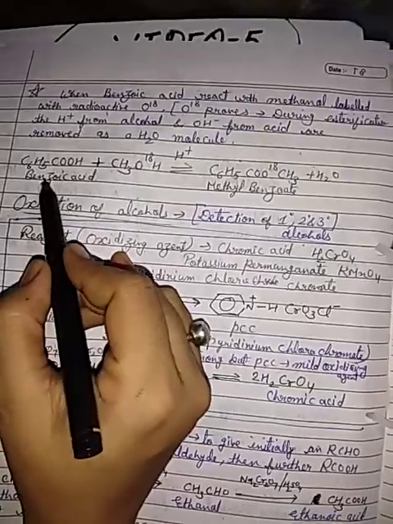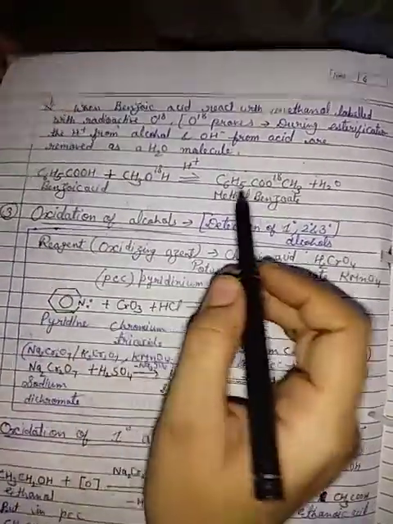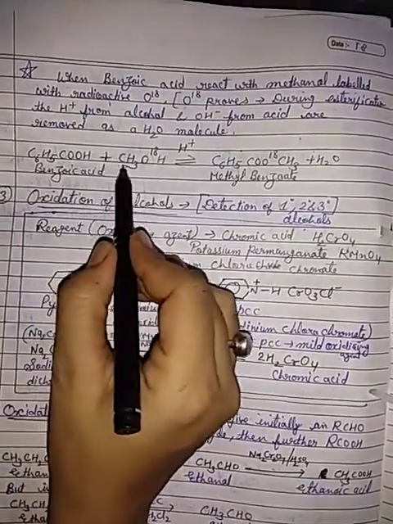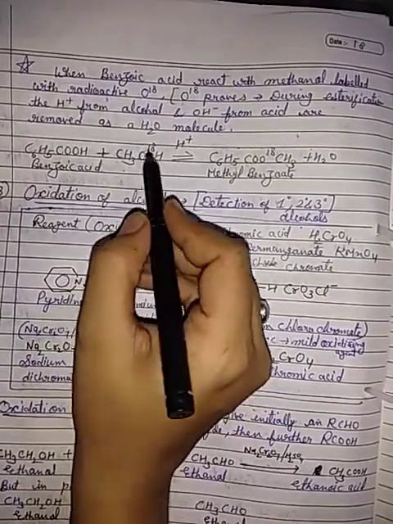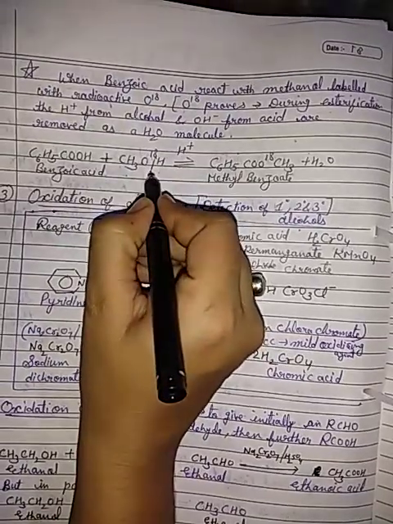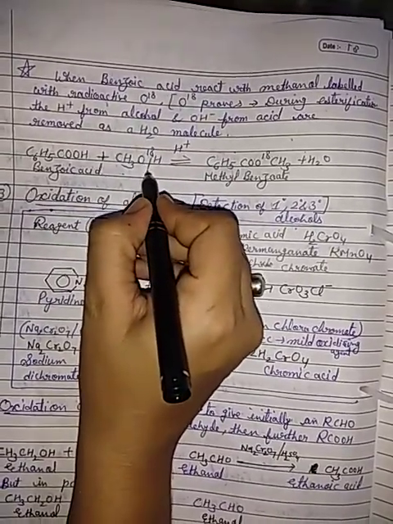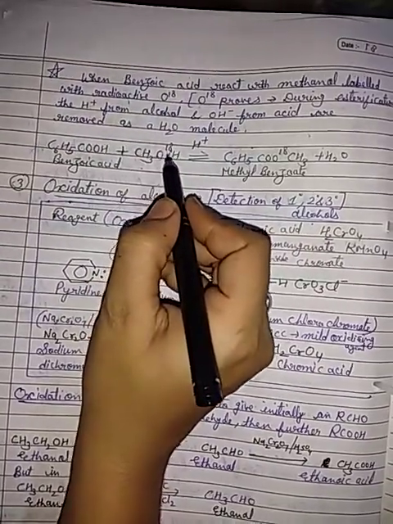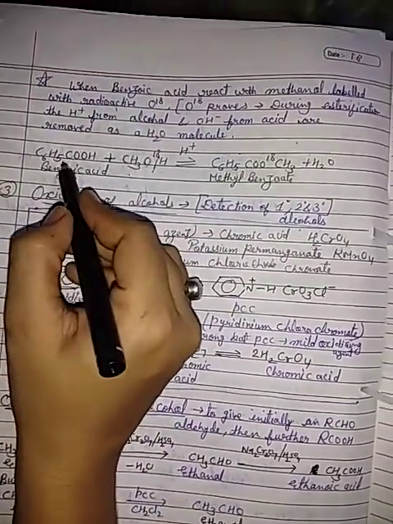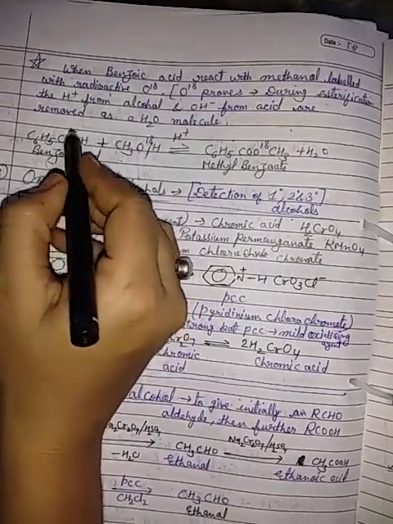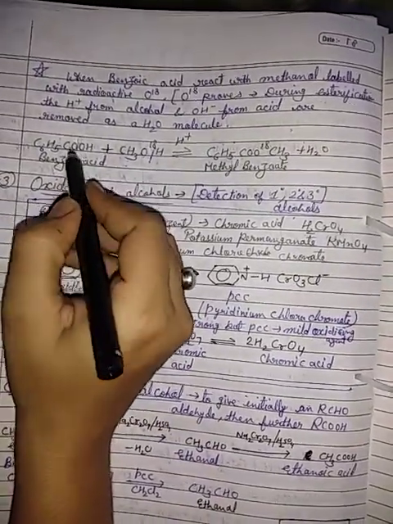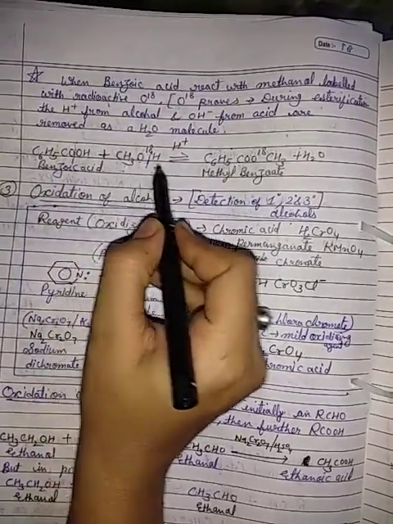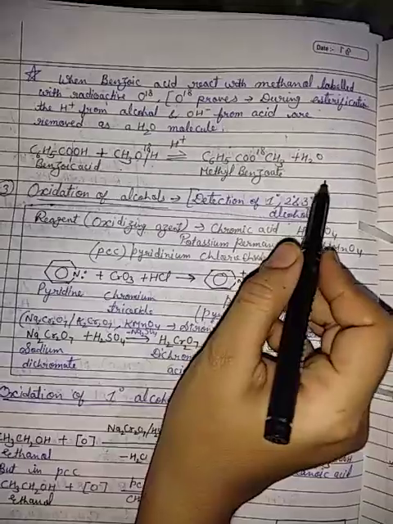When benzoic acid reacts with methanol, the product is C6H5COOCH3 and H2O is removed.